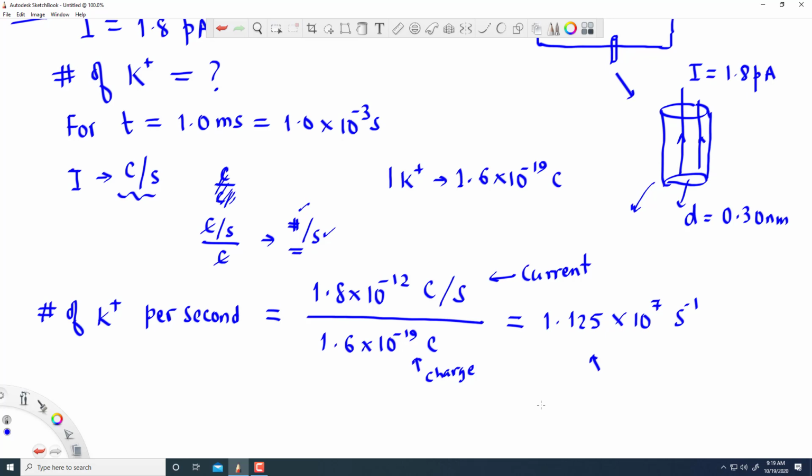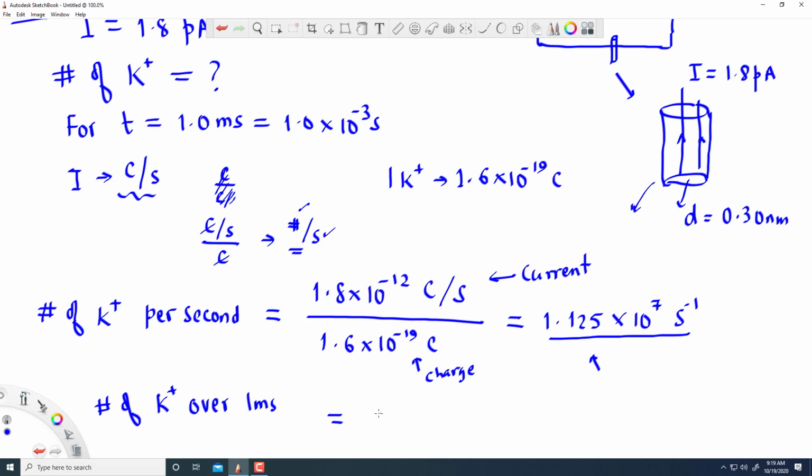But that is not what we want. What we want, if you read the question, it says number of potassium ions for 1 millisecond. So, this is the number per second, but we want number per millisecond. So, we need to do a little bit of arithmetic here.